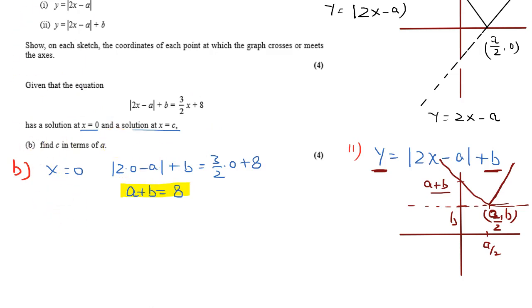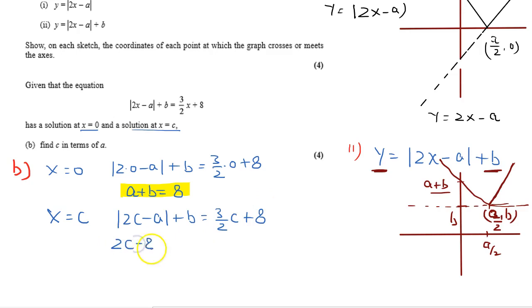Now let's say x is equal to c. So this is modulus 2c minus a plus b is equal to 3 over 2c plus 8. Now this b can be written as 8 minus a.